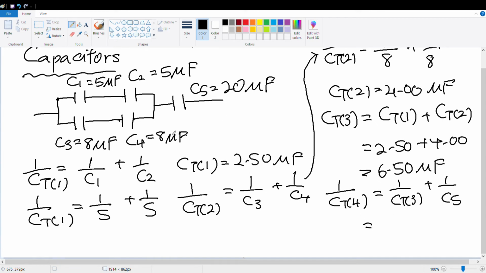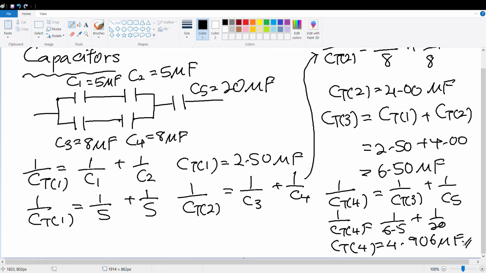So this is 1 over 6.5 plus 1 over 20. So my final answer should be 4.906 mF. So this is how we find the total capacitance in a circuit.